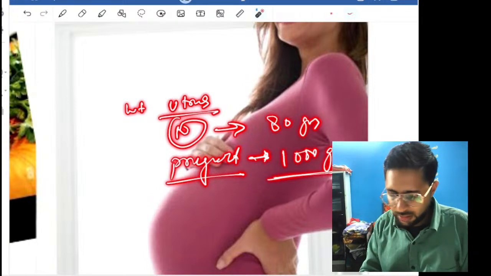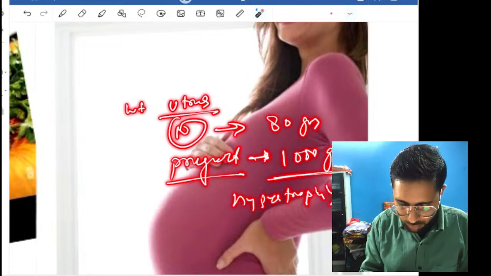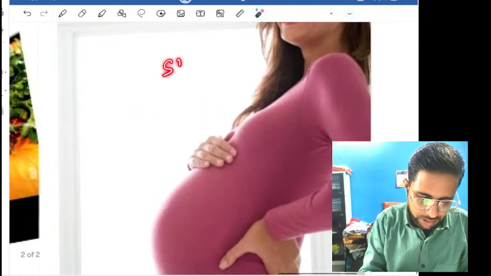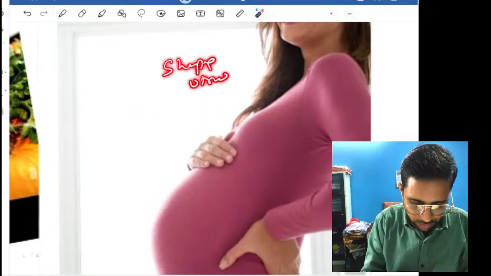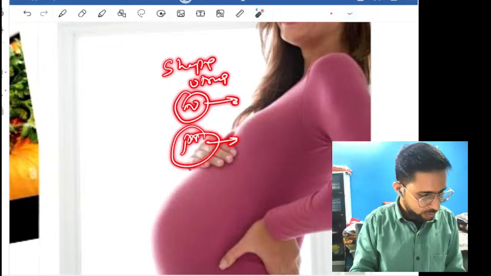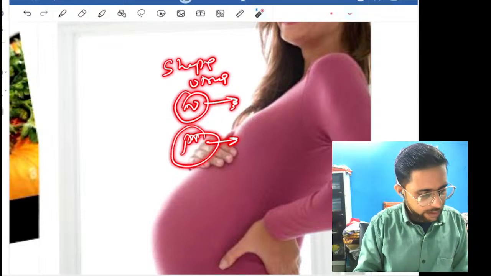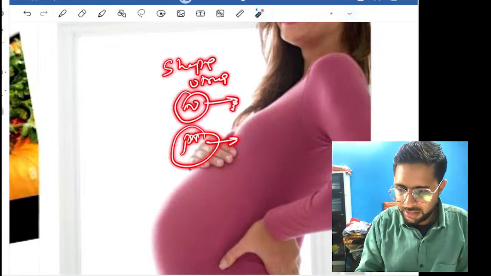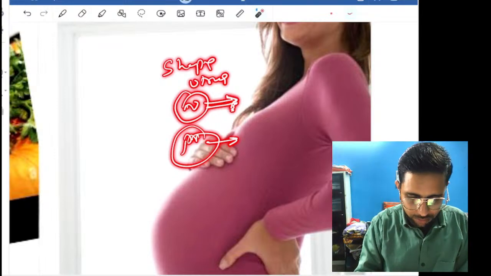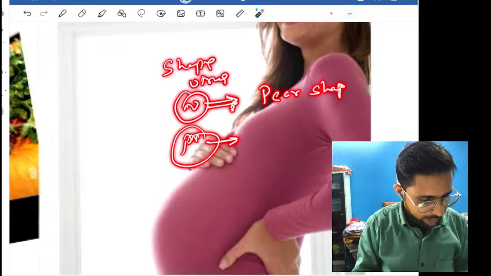Hypertrophy means the size increases, hypertrophy more than hyperplasia. And what is the shape of the uterus in normal and pregnancy? Net weight gain is 5 to 6 kg, and weight gain in pregnancy is 10 to 12 kg. The shape of the uterus in a normal woman is pear shape, and in pregnancy, tell me in the chat box.